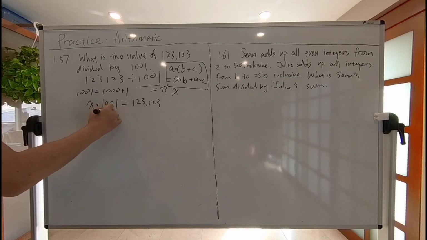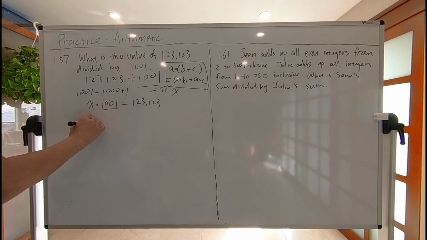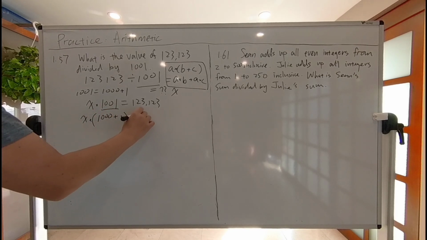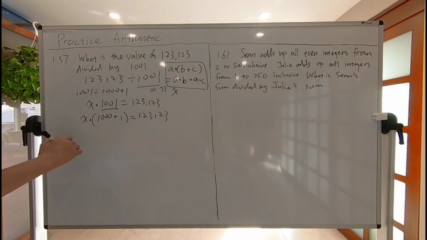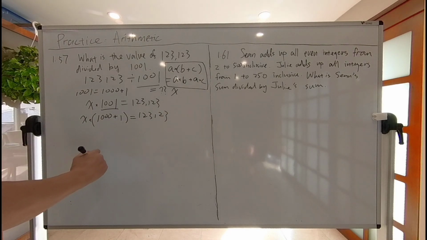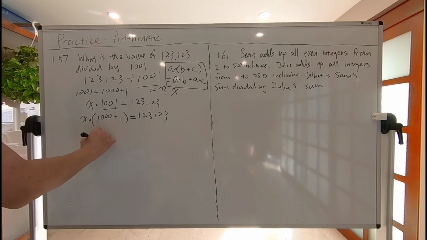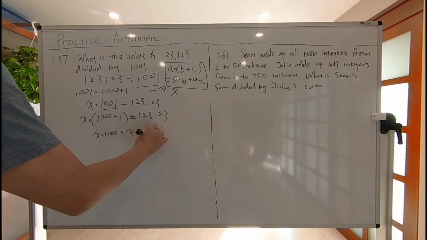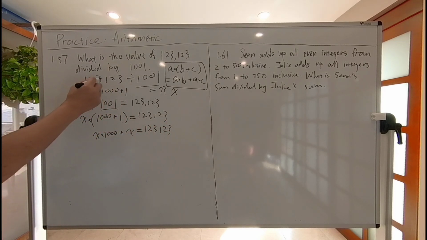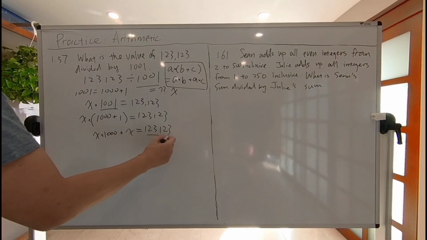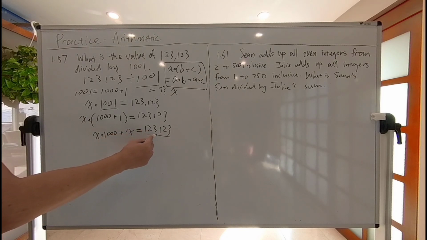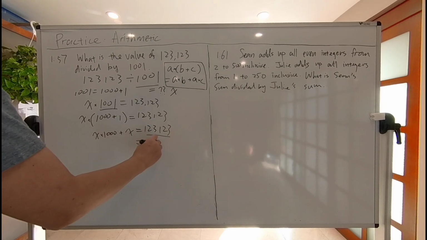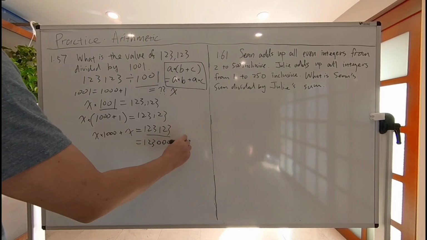So if I rewrite this number into 1000 plus 1, then I have x times 1000 plus x equal to this. And this is also due to the special form of the number on the right hand side. It's repeating every 3 digits. In other words, it is repeating like this.